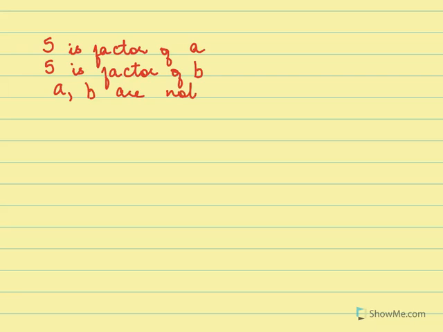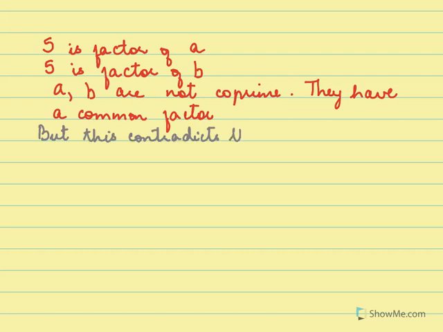So a and b are not co-prime because they have a common factor, 5. So this is a contradiction because we started by saying that a and b are co-prime. This contradicts the fact that a, b are co-prime.